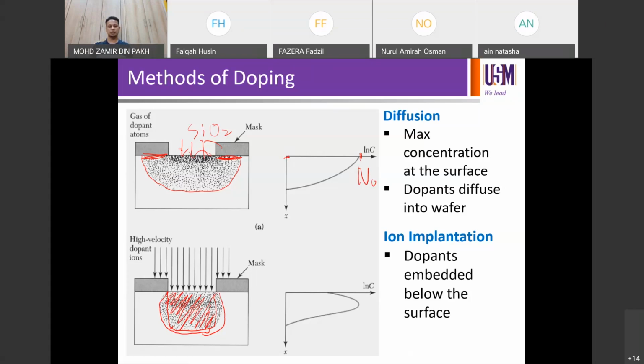Which one are you going to choose? Now we're talking about small technology node packed very close to each other. You need a very accurate formation of doping profile. Are you going for diffusion or ion implantation?